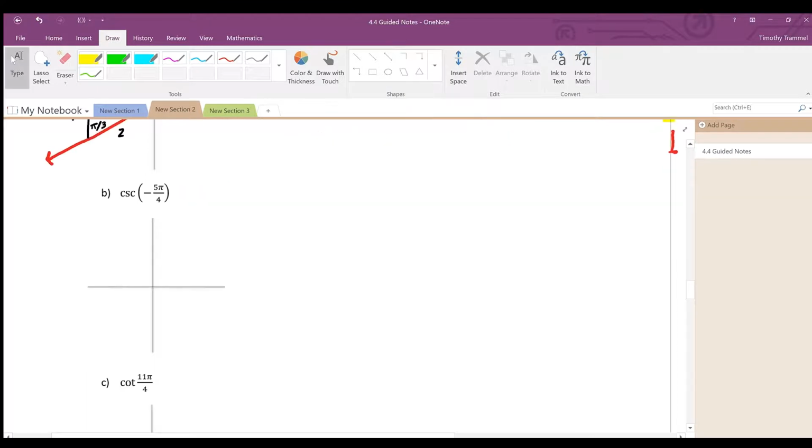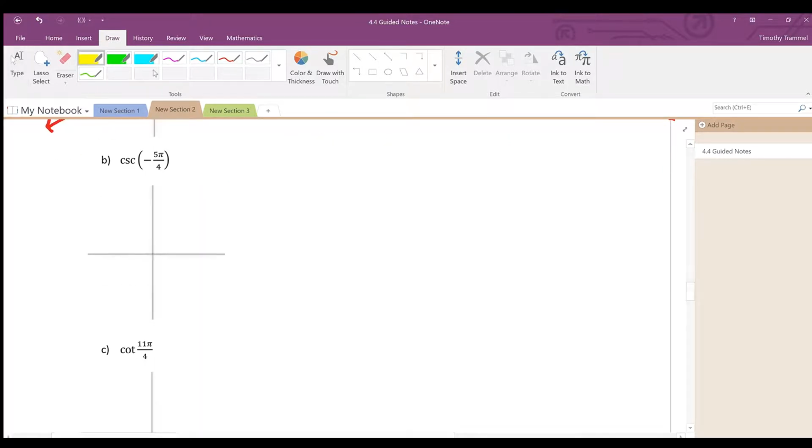So we have cosecant of minus 5 pi over 4. And before we sketch that, let's again find something coterminal with it. Well, we could just add one period to this and see if it's enough.